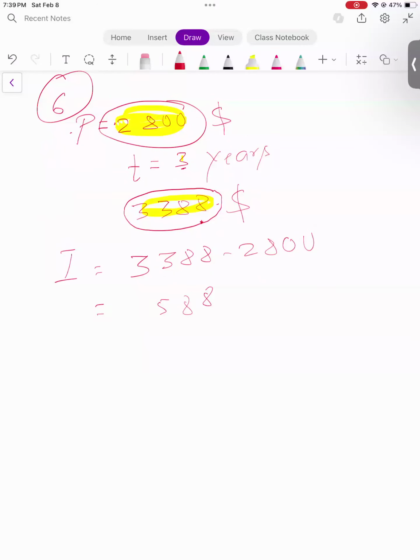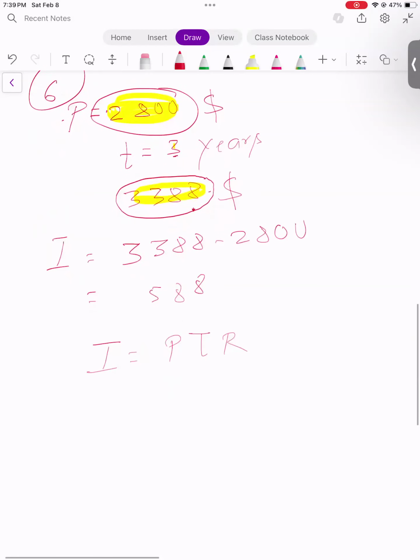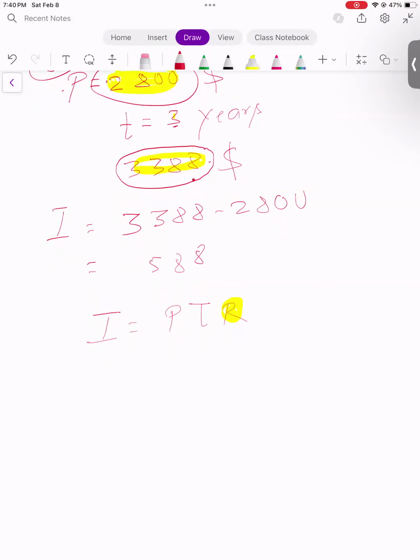And we know our interest equals principal times rate times time, and we are asked to find the simple interest rate, so we are asked to find this r. So you substitute the values that are given to you.